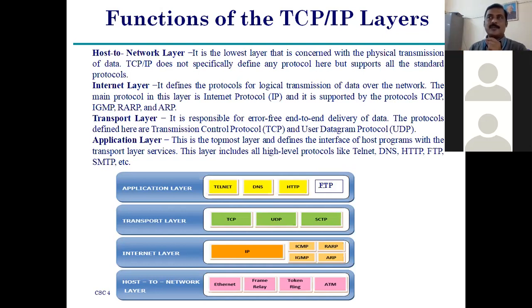What is a logical address and what is a physical address? Here the logical address is an IP address. Every system must have an IP address before transmitting any kind of information via the network.